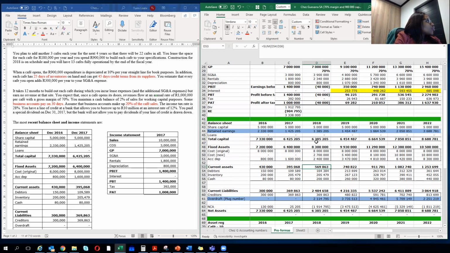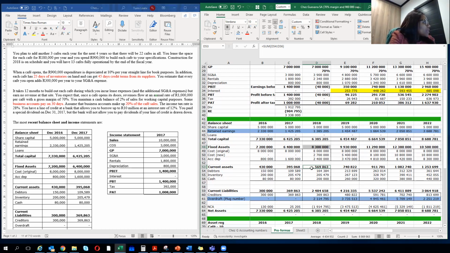There's no way you could have spent almost 8 plus 3, 8.8 million rand, and only had capital of 6 million in terms of what you're sitting with in your balance sheet. So what do we mean by the plug number where we put overdraft? We're saying that in order for you to have bought those assets to get it to 8.3 million and your current assets, you needed to have gotten some other facility to supplement that capital cost of 6.3 million.